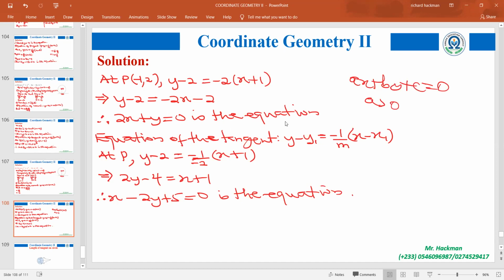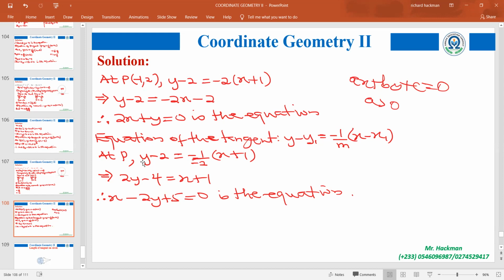Okay, so now we know the equation of the normal. We are going to look for that of the tangent. So that one too, you quote the formula. The equation of the tangent is given by y minus y1 is equal to minus 1 over m times x minus x1. You know your m, a very pretty one, though it has a negative, it was an integer.